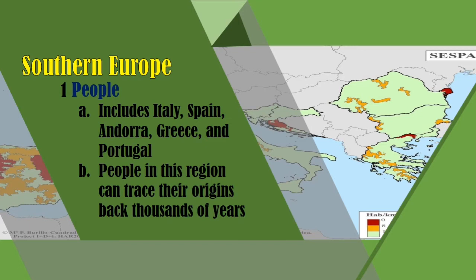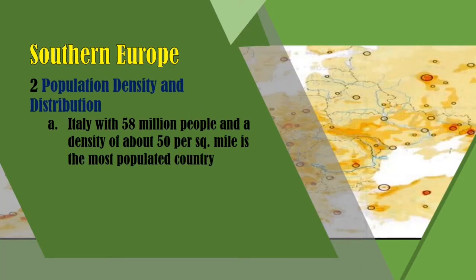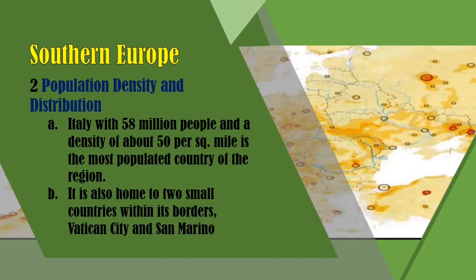People in this region can trace their origins back thousands of years. As to population density and distribution, Italy, with 58 million people and a density of about 50 per square mile, is the most populated country of the region. It is also home to two small countries within its borders, Vatican City and San Marino.